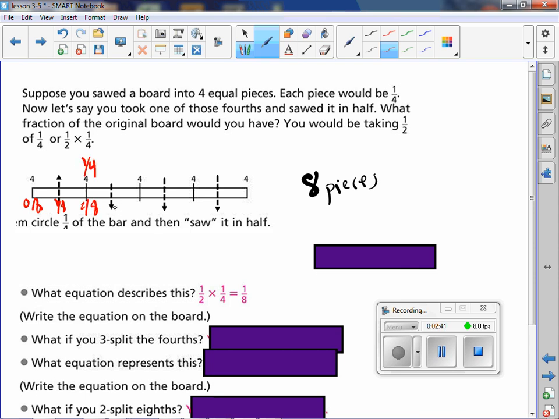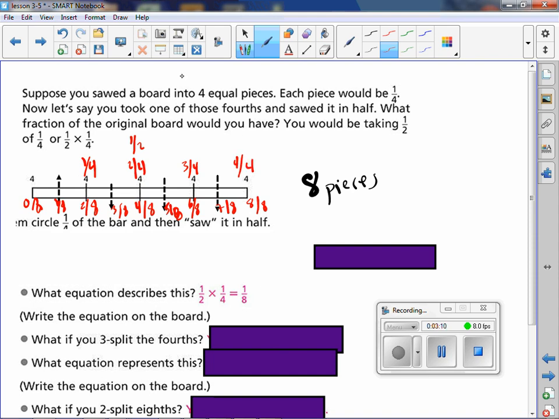My equivalent fractions, 3/8, 4/8, which is equivalent to 2/4 or 1/2, 5/8, 6/8, 7/8, and 8/8, which gives me a whole, right? And then up here, 3/4 and 4/4, or 1/2.